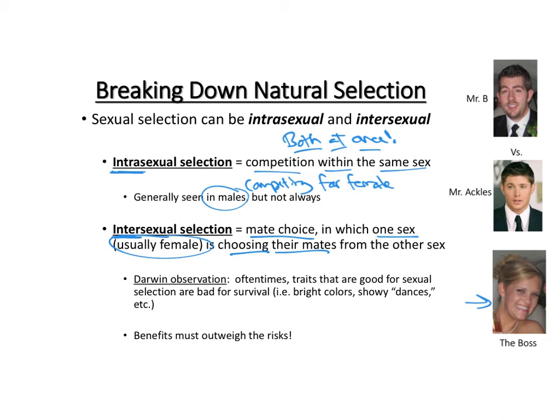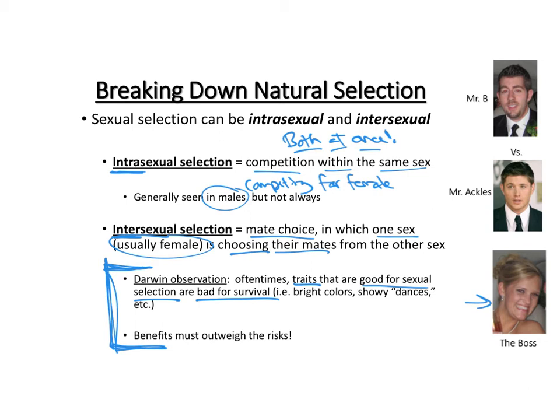And so then as we kind of said on that last slide, Darwin points out in his book that it's interesting that traits which are good for sexual selection are bad for survival. In the grand scheme, right? Bright colors, showy behaviors like little mating dances and stuff that a lot of birds do. Maybe it's songs that birds sing.